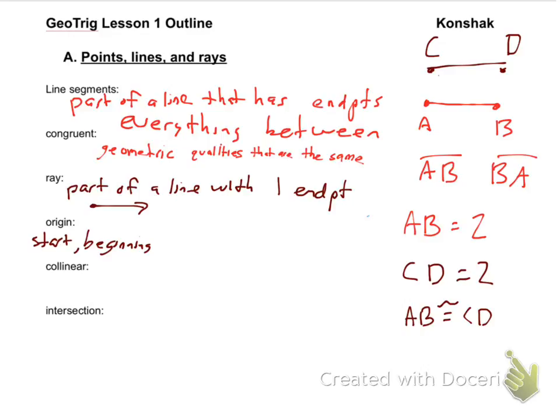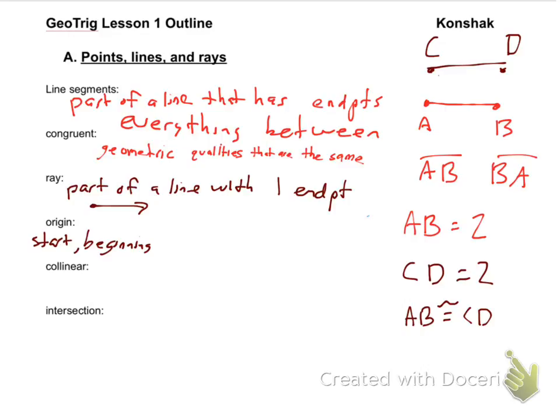If I'm talking about a ray, the origin would be the point where it starts and then the arrow goes. If I'm talking about a line segment, that might be a little difficult. Maybe we don't talk about the origin. When we talk about an angle, maybe the origin becomes a different word for those critical points.